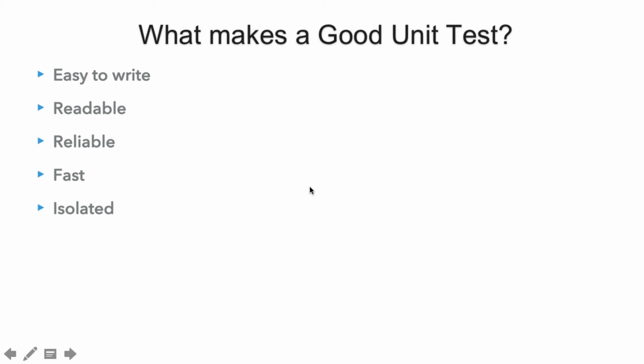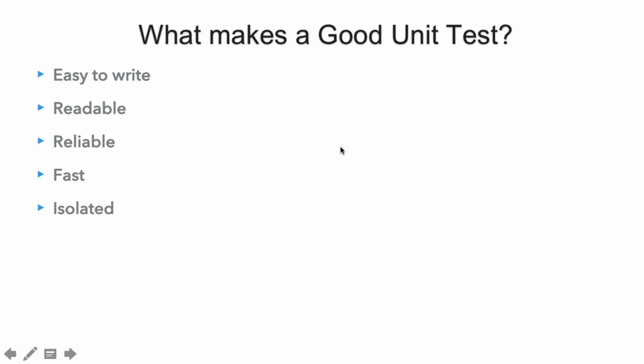The last characteristic of a good unit test is that it should be isolated. So friends, let's say you want to test a particular class and that class is dependent on external services such as a database, network calls, or any other external services which take time. Those are external factors and they may take time to bring back the results.